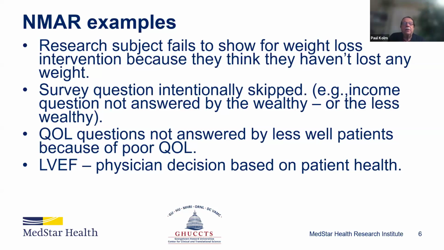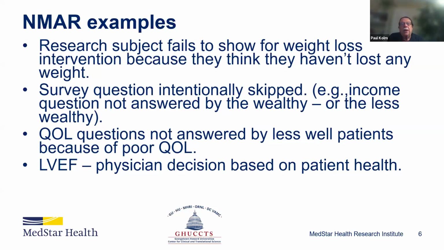And then one that I use as an example here that's actually more from the past. I'm not sure this is relevant today, but left ventricular ejection fraction used to be based on a physician's decision regarding whether to do the test, taking into account the patient's health. And so in some cases, because this used to be done by injecting a medium into the patient, if the patient wasn't healthy enough, that would be considered missing at random.